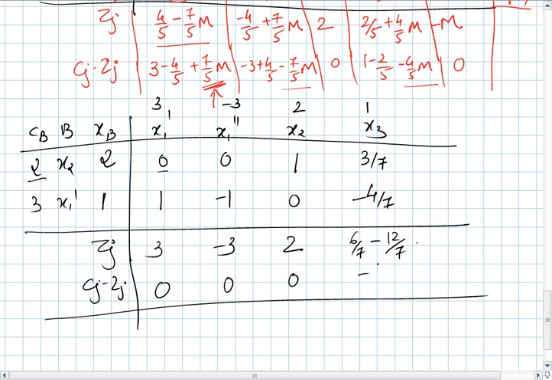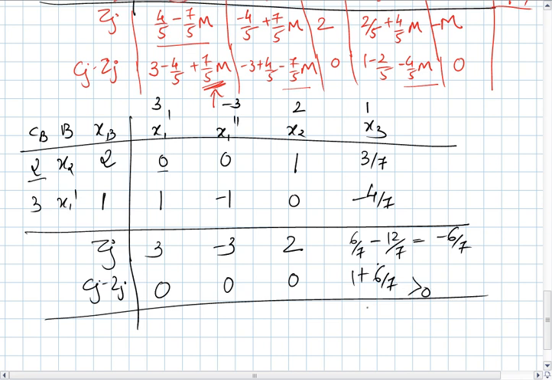Sorry, 1 minus this quantity. So first of all this is minus 6 by 7, and 1 minus minus 6 by 7, so 1 plus 6 by 7, which is greater than 0.